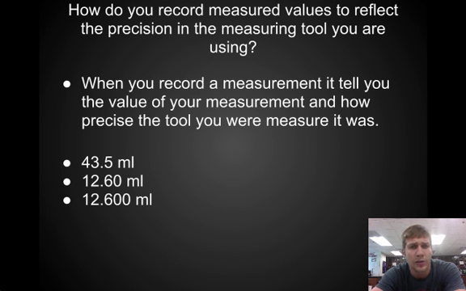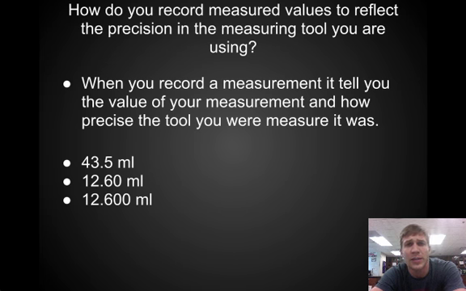Looking at that second measurement, 12.60 milliliters, I know that the tool that was used to measure that had 0.6 milliliters on it and 0.7 milliliters on it, and whoever measured it thought that it fell closer to the 0.6 milliliter line. If we compare the first and the second value, we would say that 12.60 milliliters is a more precise measurement.